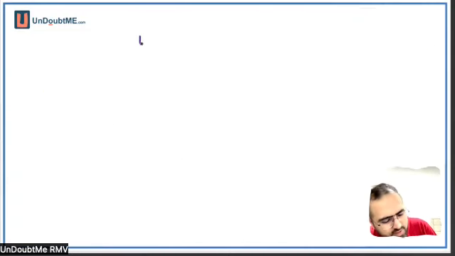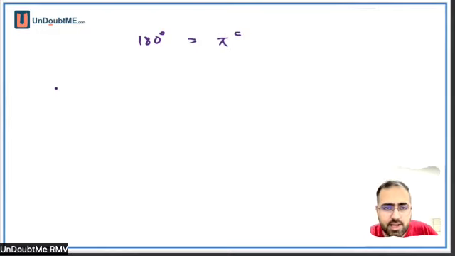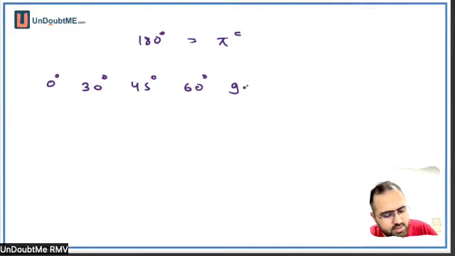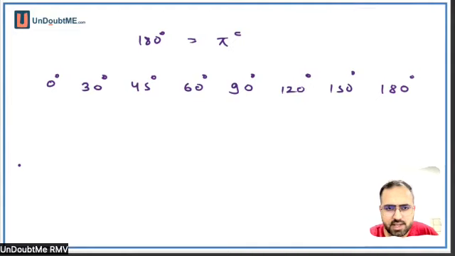Since we have seen that 180 degrees is equal to pi radians, I can first of all convert all the regular degrees into radians. I'll be using 0, 30, 45, 60, 90, then 120, 150, and 180. I'll be taking only these values as of now, and later on we can write for anything.